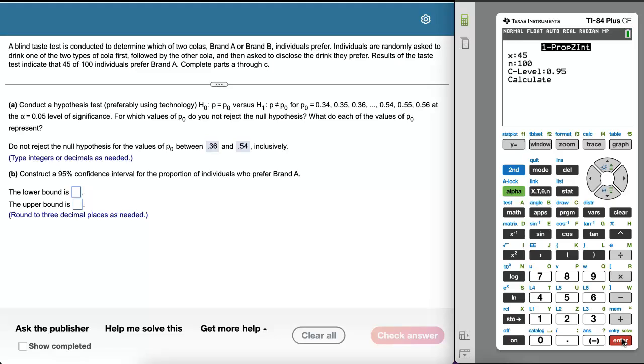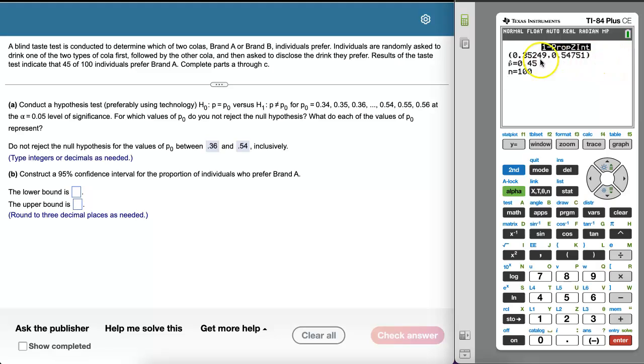Notice that some of these values have already been substituted. I've got 45 of the 100 individuals said they prefer brand A. I also have a C level of 0.95 given here in part B. And let's calculate.